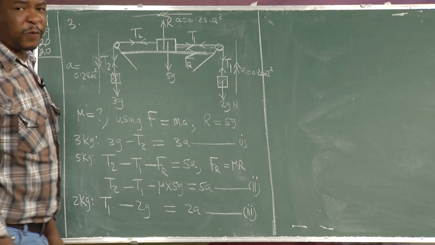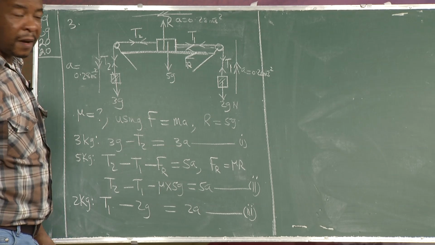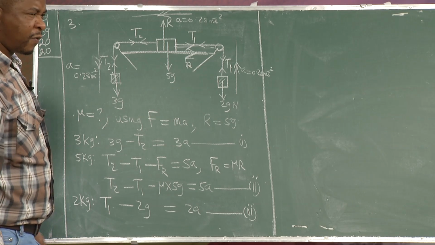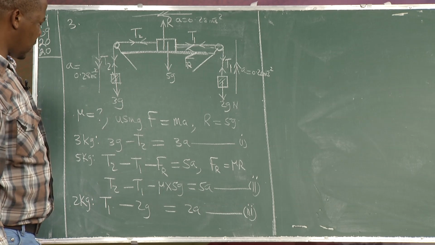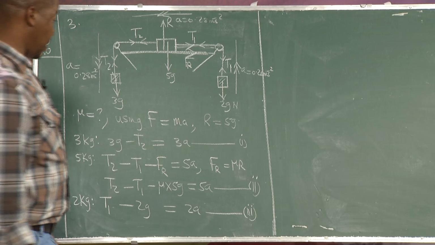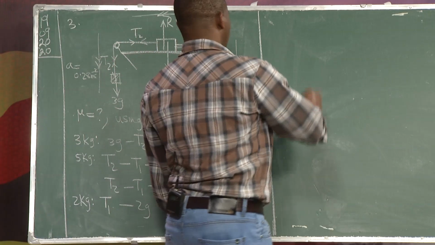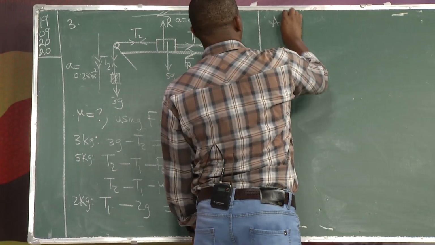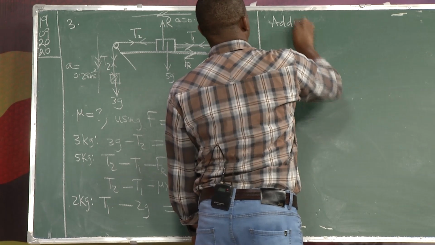They are asking us to find the value of mu, but we shall eventually find the tensions or the forces as well. The easiest way to find mu, and this I am sharing for all the students following this.